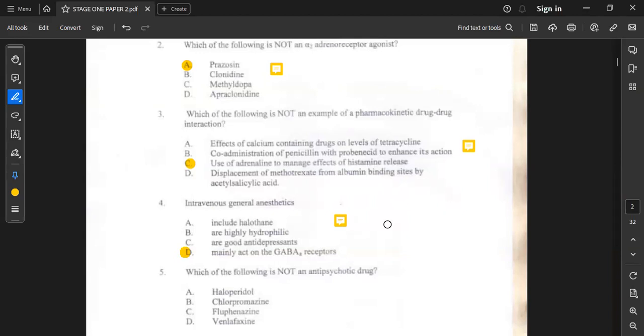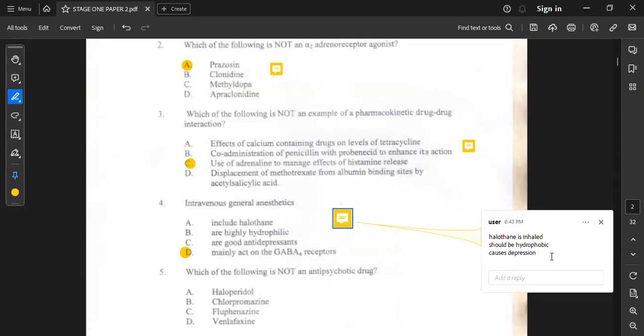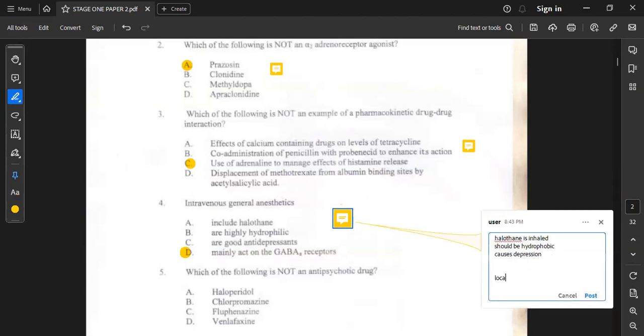Maybe to talk a little about it: when you talk of anesthetics, we can have local anesthetics and general anesthetics. On the local anesthetics, that's where we have the esters and the amides. These usually work by blocking the sodium channels, because they will block nerve transmission, leading to loss of pain, blocking normal transmission of impulses.